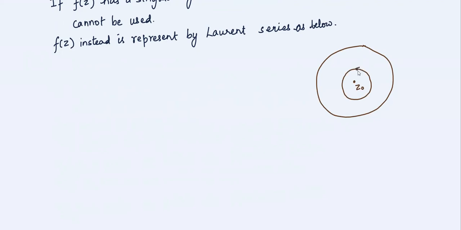Let's say the external path is C1 and the internal path is C2. Now, the inner path encloses the singularity, and between these two paths, f of z is analytic in this annulus.